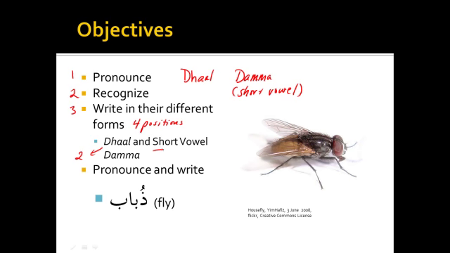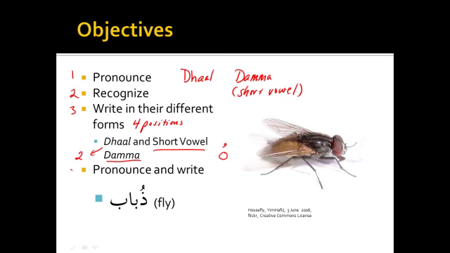The short vowel Damma is like the short vowel Kasra that we discussed earlier. However, if we pretend this circle is a letter, then the Damma is going to look like a little wow that sits atop the letter, as opposed to the Kasra, which sat below the letter. This will become clearer as we move on.